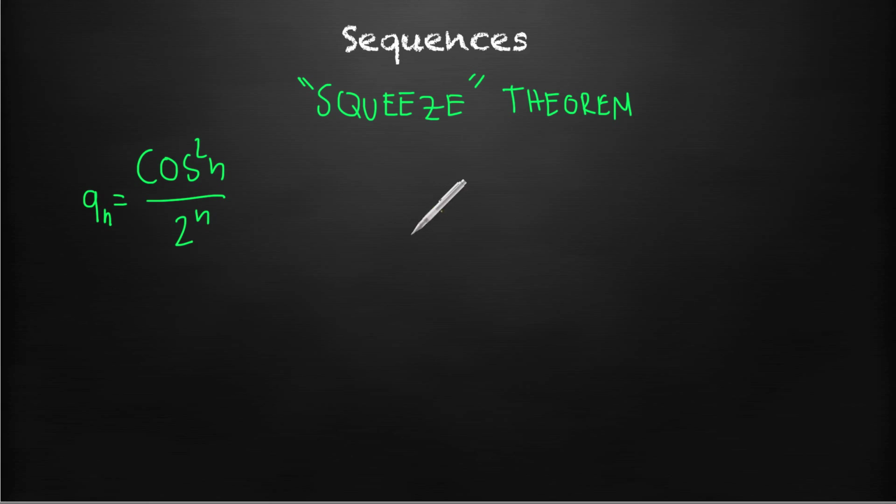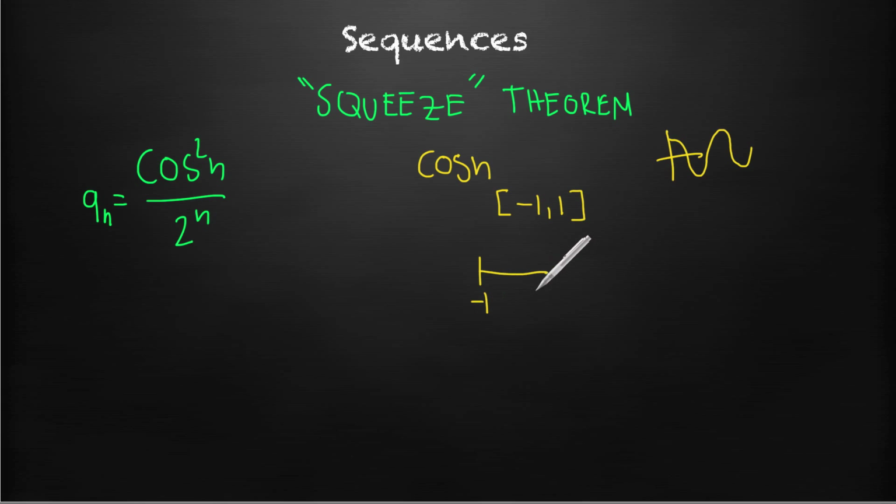So let's just say that we know that the cosine of n is always going to be between -1 and 1. So we know that because we know what the graph of cosine looks like. All right? So why don't we make a little number line and say -1, say 0, say 1.